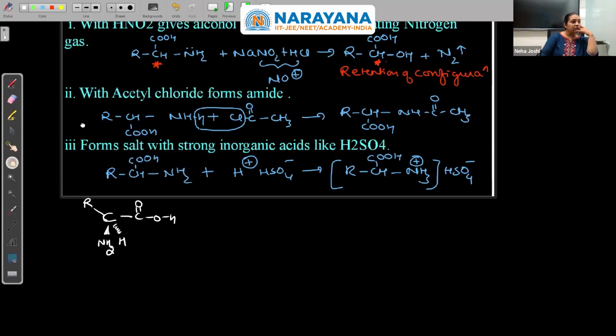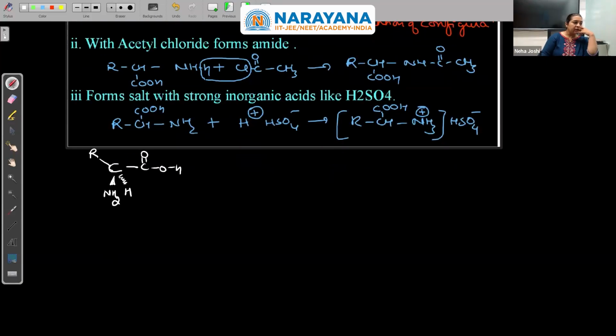How to check? Simple method. In an L amino acid, NH2 should be on the left, H here, and R here. So how is the arrow going? Clockwise, but H is on the horizontal, so you put it as S. Now check here, is this S? Yes, this is S. So I have drawn the L amino acid correctly.